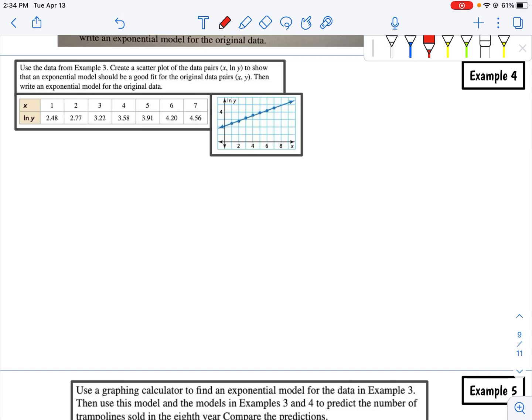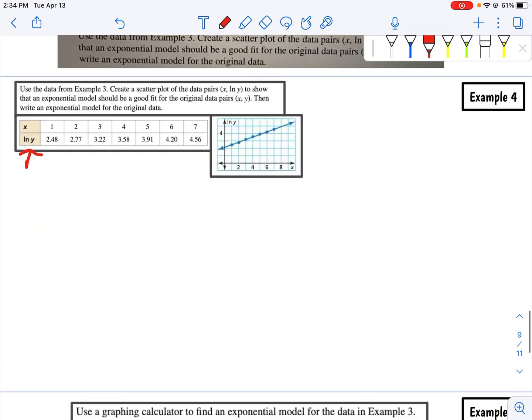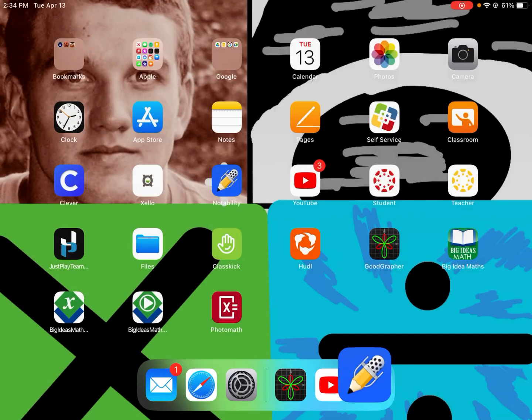Now, we're not going to go through and make the table, but if we look at the first point, it is (1, 12). Now, x stays the same, and then to find our new y value, we take the ln of 12.